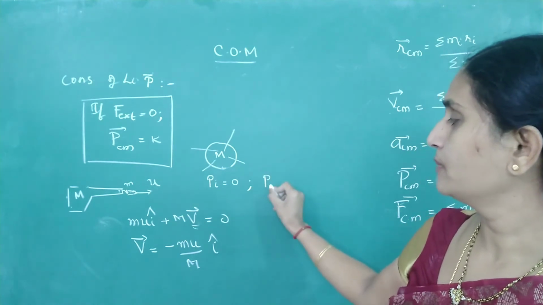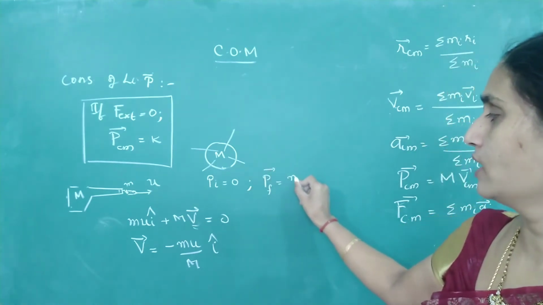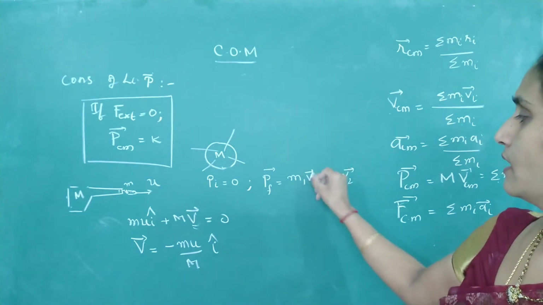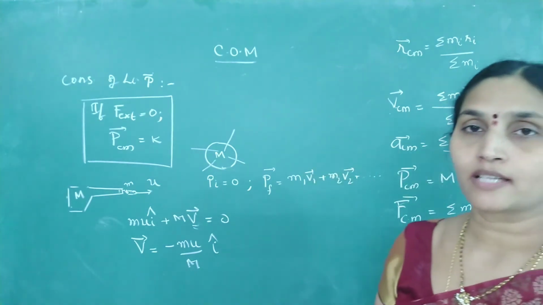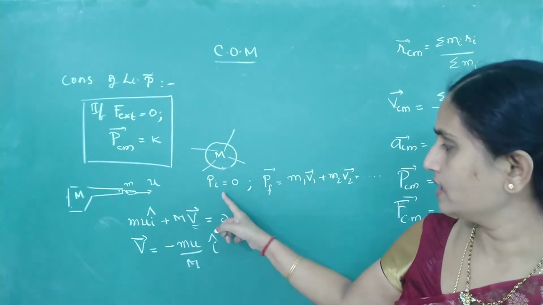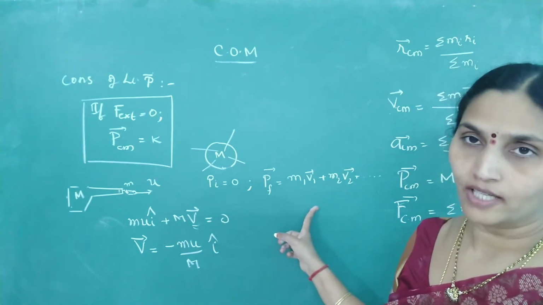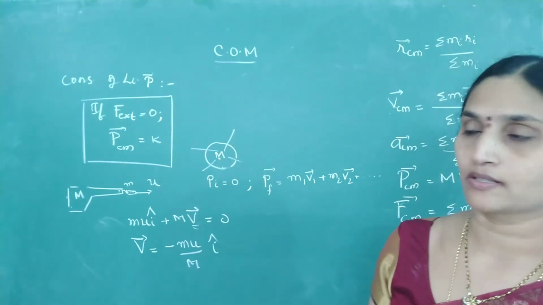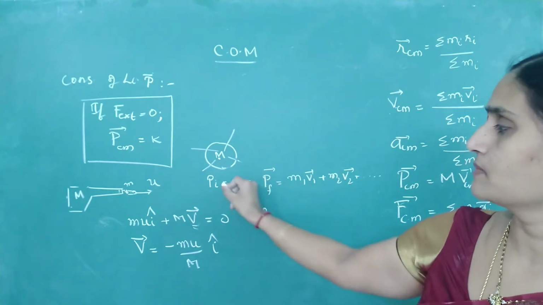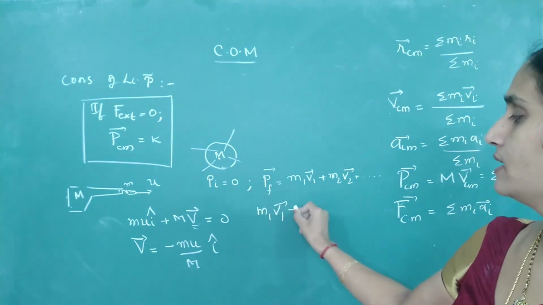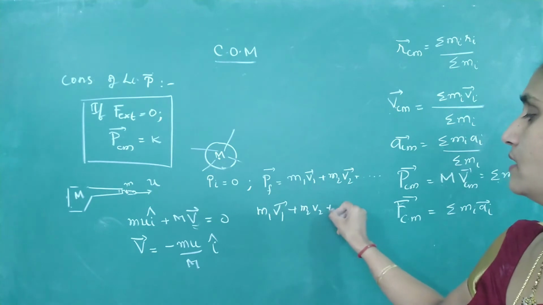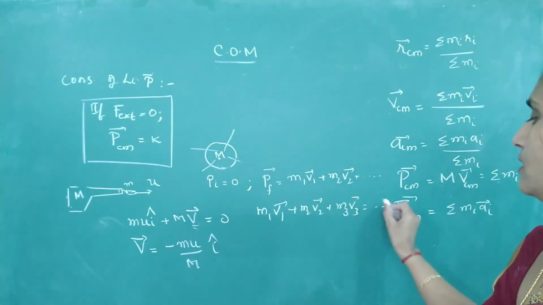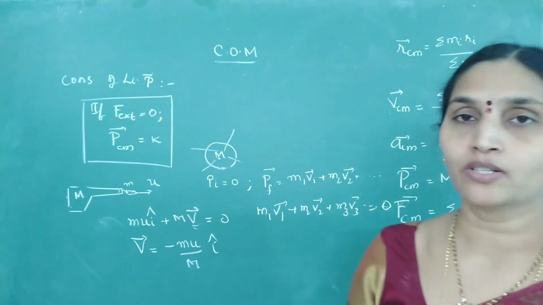Then what will be the final momentum for all the particles? m1 v1 plus m2 v2 vectors, and so on as many particles as it has broken into. Total initial momentum should be equal to total final momentum. All the particles fly away, but center of mass remains in its position. So P final equals P initial, I can write m1 v1 plus m2 v2 plus m3 v3 and so on. The sum will become equal to 0.